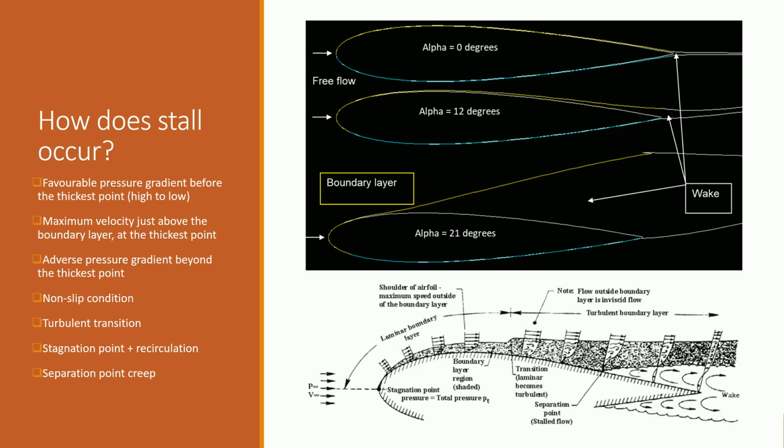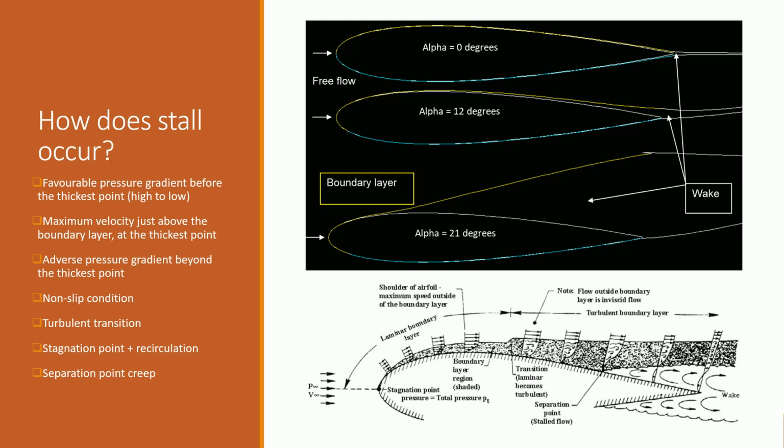At the maximum curvature of the aerofoil, the flow is the fastest it can be, just outside the boundary layer. Beyond this point, the flow experiences an adverse pressure gradient as the flow is less curved beyond the thickest point. The flow then slows down above the boundary layer.